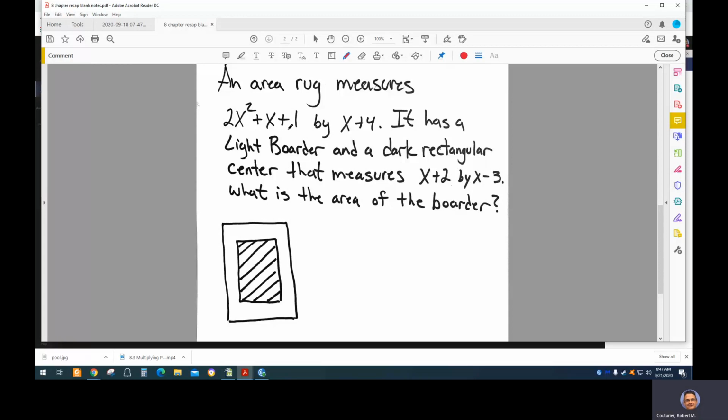Well, we have enough information here to calculate the area of the total rug, right? I would guess that this side here is x plus 4, and then this side would be the long side, 2x squared plus x plus 1. That is ugly too.